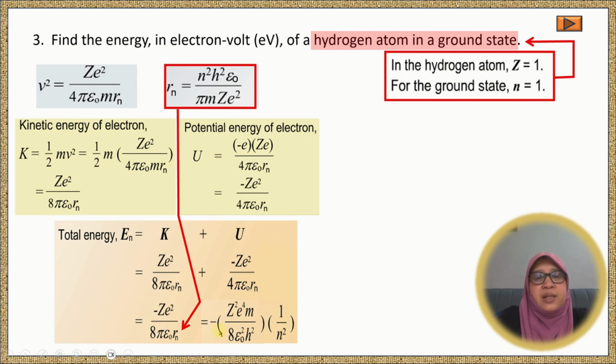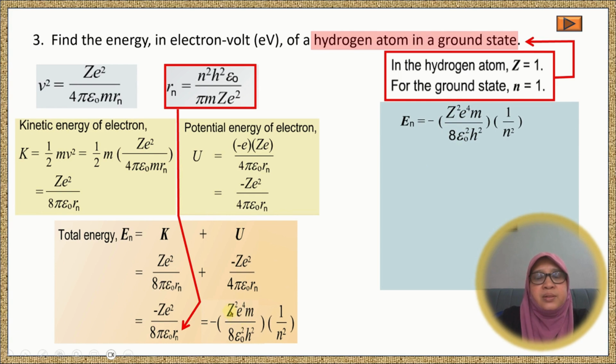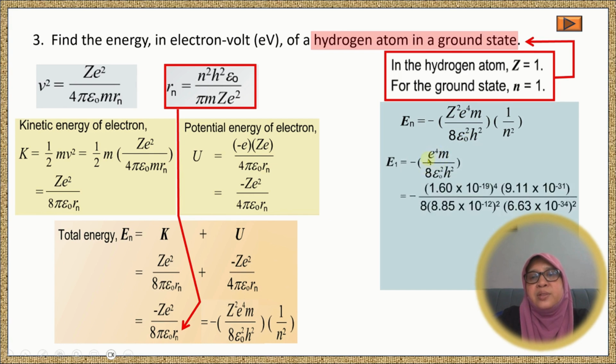For the first bracket, we substitute the values: e, the charge of the electron, the mass of the electron, 8, epsilon naught, the permittivity of free space, squared, and the Planck constant.